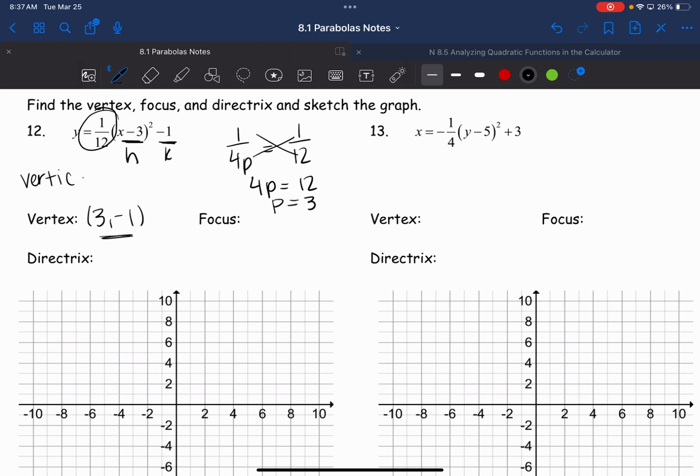So this one was a vertical, right? If we look at the fact that it's y equals, that means that my focus should be 3 points above this one. Sorry, that's the x value. 3 points above this one. And then my directrix should be 3 points below, right?